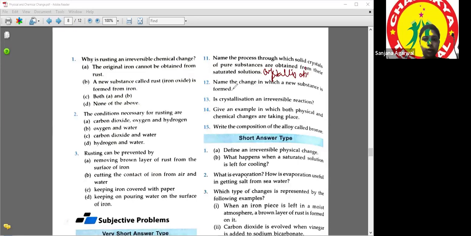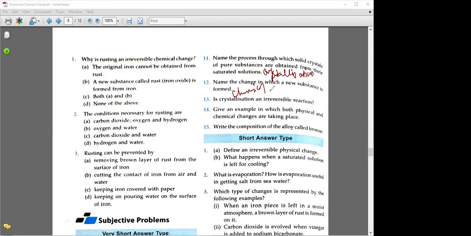Name a change in which a new substance is formed. Quickly. Chemical. Is crystallization an irreversible reaction? Ritesh, how is it reversible?